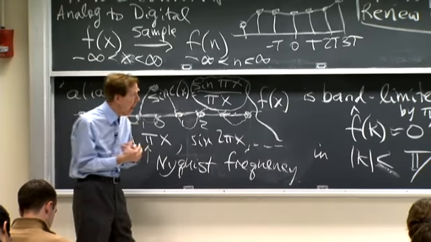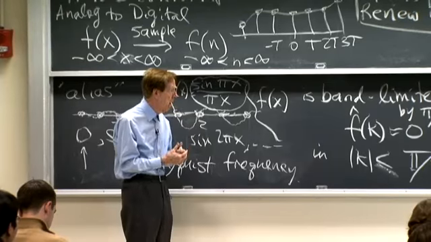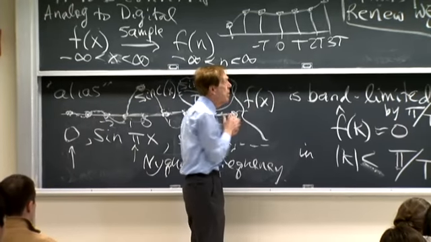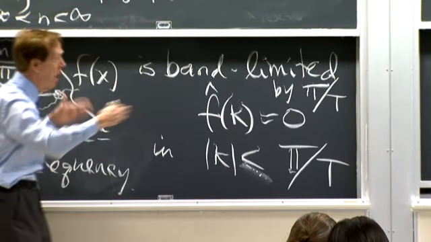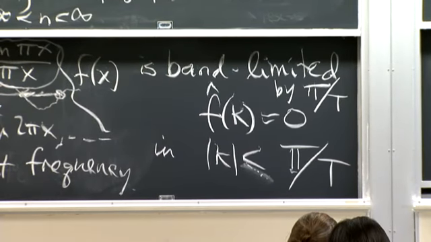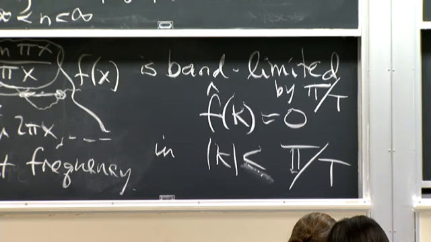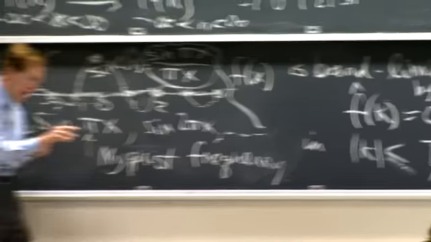How do I get paid back? What's the reward? The reward is if T is 1/4, then the Nyquist limit is 4 pi. I can get a broader band of signals by sampling them more often. Let me just say that again, because that's the fundamental idea behind it.